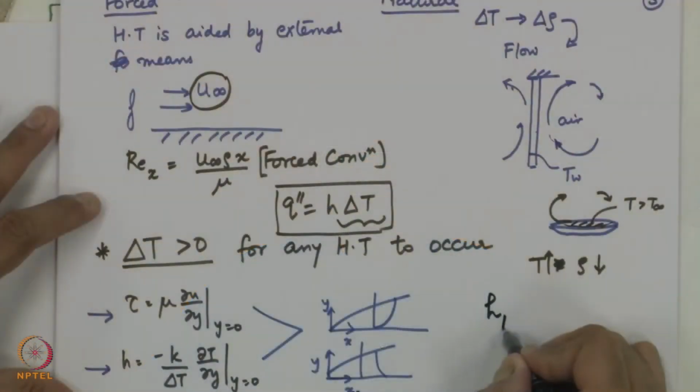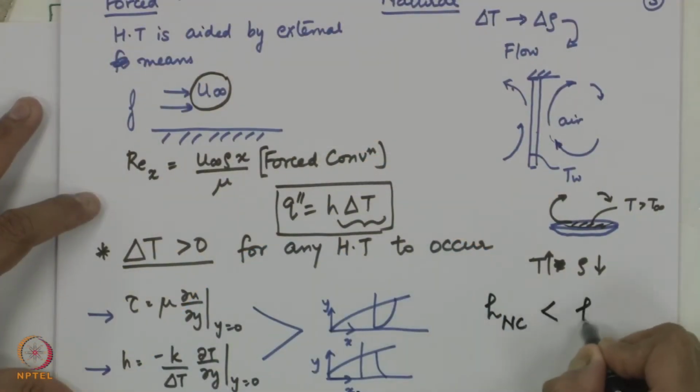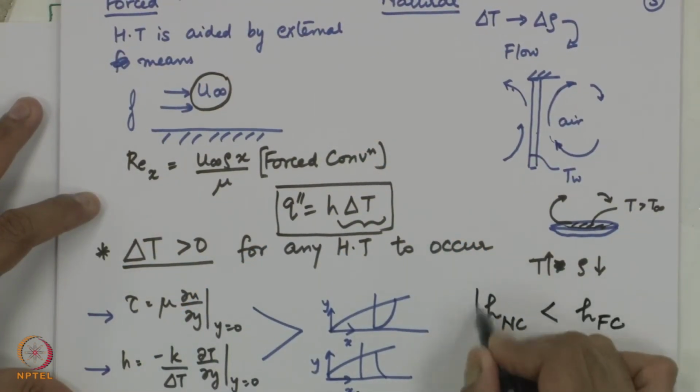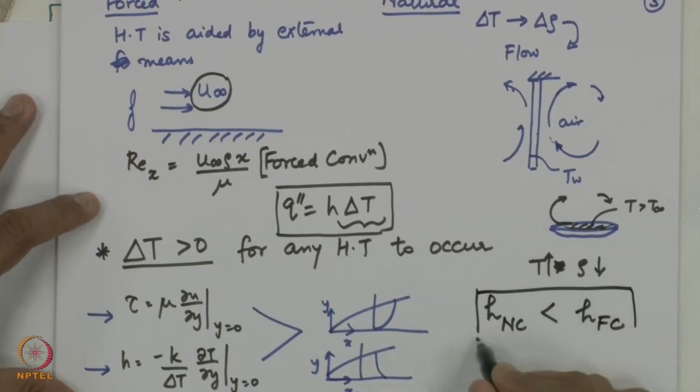So, in 10 minutes, or in 1 hour, the amount of heat removed in natural convection will be much smaller than what is removed in forced convection. This means that the heat transfer coefficient for natural convection obviously is less than the heat transfer coefficient for forced convection. This is very, very important.